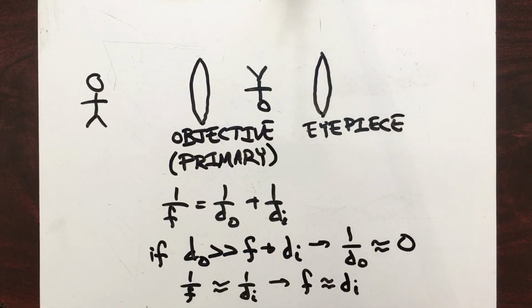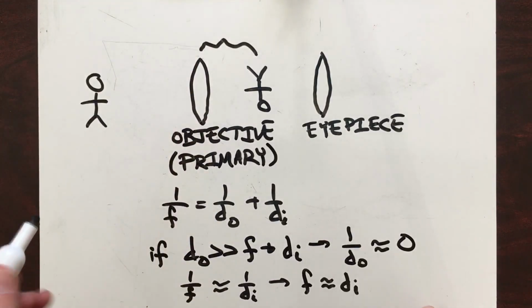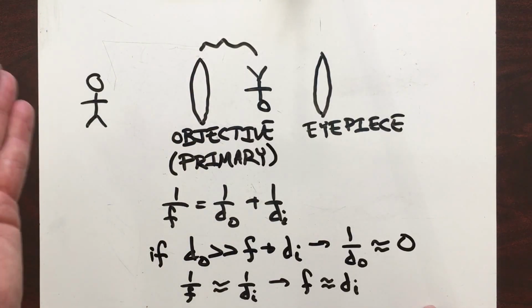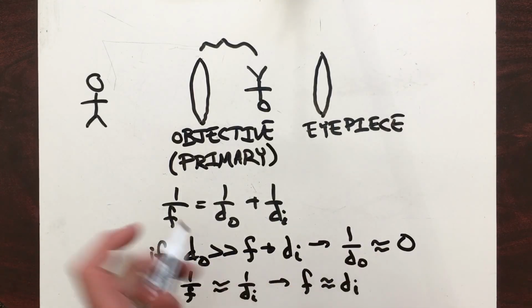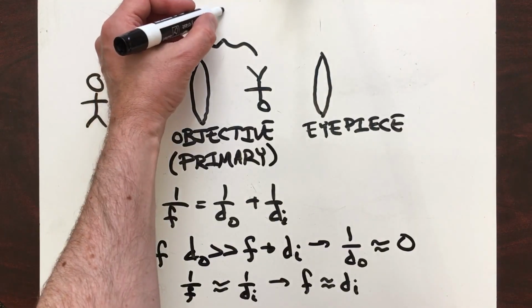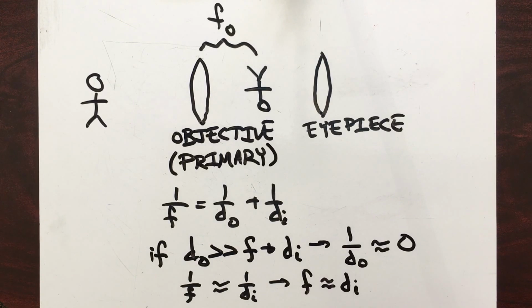So in that case, this up here is the image distance. But since the person is very far away, our object distance is quite large, this approximation holds, and that makes this just the focal length of the objective, which we represent with an f sub 0. So that's what's going on there for the objective.